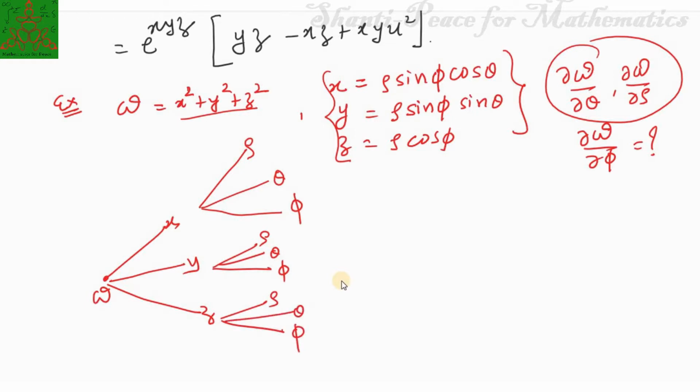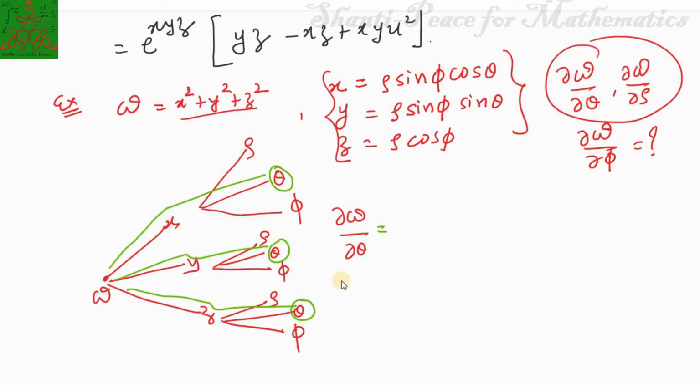So now if you want to calculate del w upon del theta, then you have to reach theta at three places, here, here and here. So you will have three paths. The first path is this, the second path is this, the third path is this. So that's why you will have three terms here.